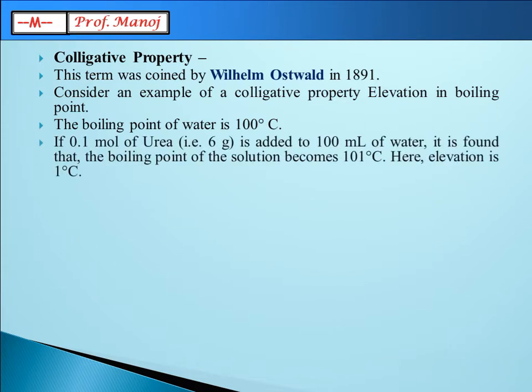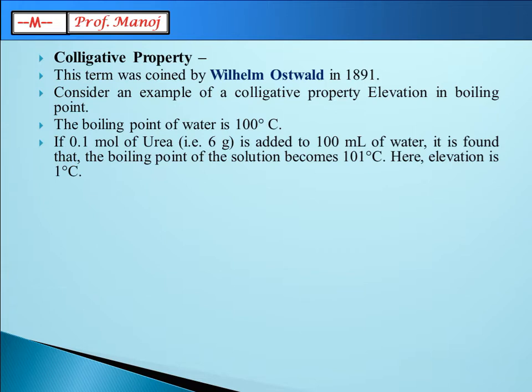Suppose we add 6 gram of urea in 100 ml of water. Molecular weight of urea is 60 gram, so 6 gram becomes 0.1 mole. So basically I am adding 0.1 mole of urea in 100 ml.